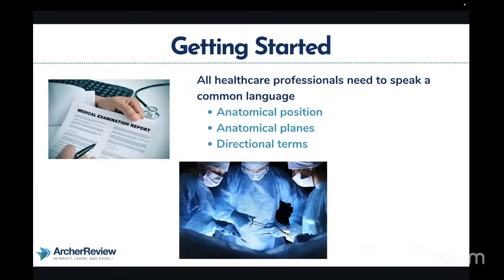So we can't use things like right or left or up or down. We have to use very specific terms so that we understand what that means from all directions and orientations. And same thing when you're typing up a medical report, for example. We don't want to leave to question what we mean by direction. So we have the same common language.